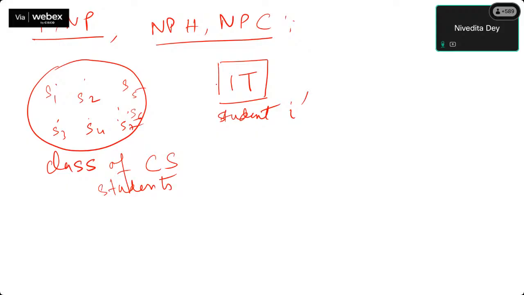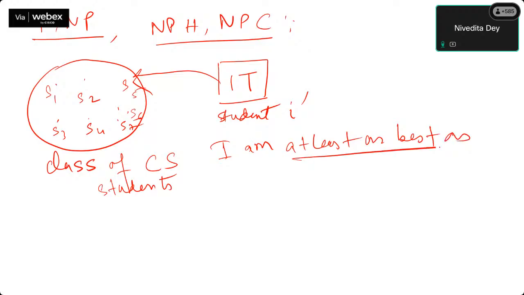So I dash came into the computer science class and is claiming that I am at least as good as your top student, or any one of you.